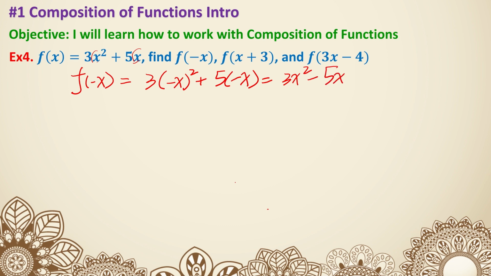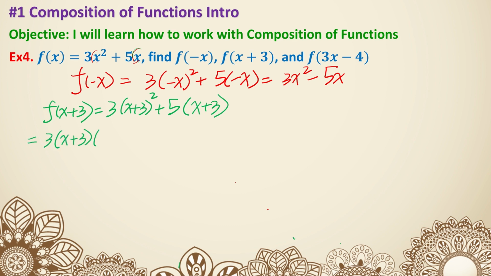Next, we have f of x plus 3. 3, and the x plus 3 being squared, and 5 times, well, this x also needs to be replaced with x plus 3. Whenever you see square, write it twice. So we have 3 times x plus 3 times another x plus 3.